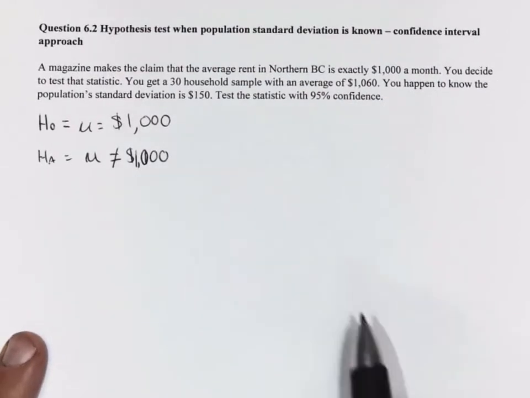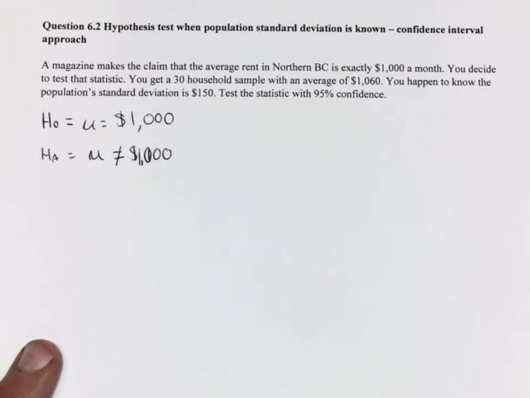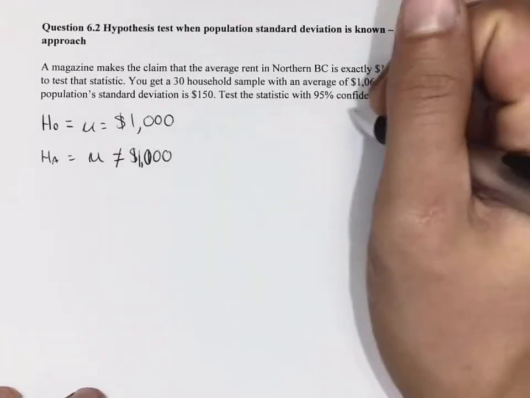So now we're going to be testing this statistic with a 95% confidence level. If you can recall from our last part, where we used our confidence intervals when we knew the population standard deviation, we had the following formula.